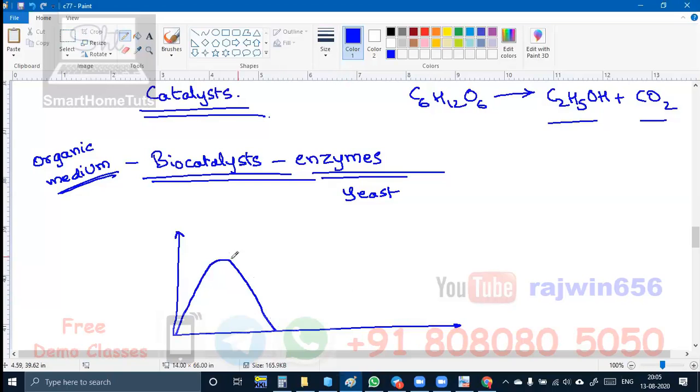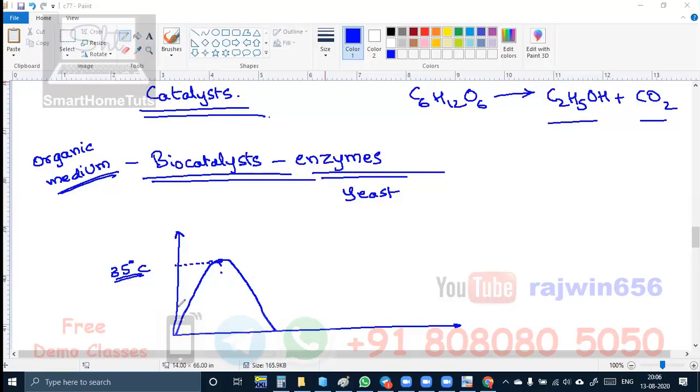Okay, so this temperature is going to be approximately around 35 degrees Celsius. As you can see in this part of the graph, as you increase the temperature, the rate of reaction is increasing. But when you increase beyond that certain temperature, the rate of reaction starts decreasing.